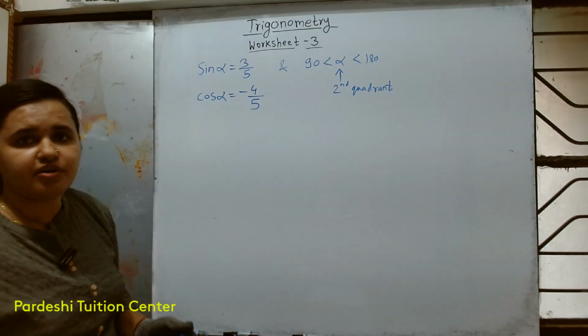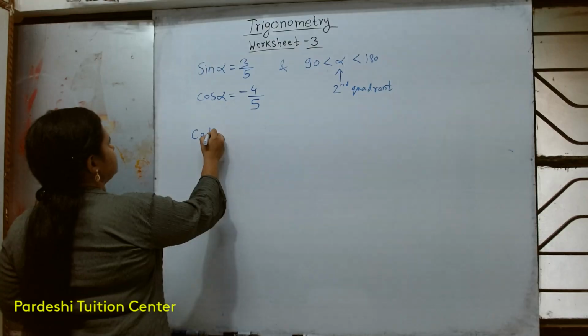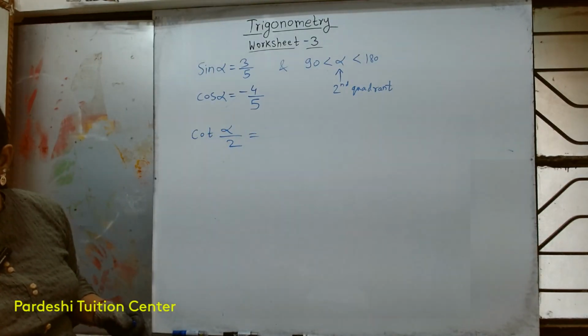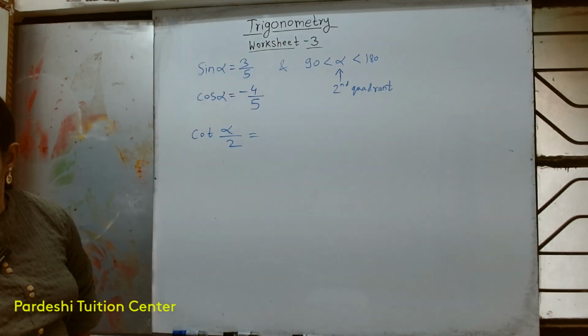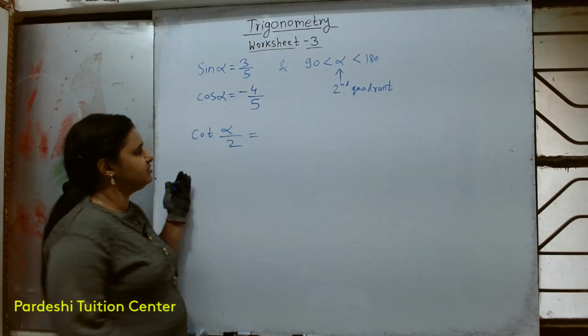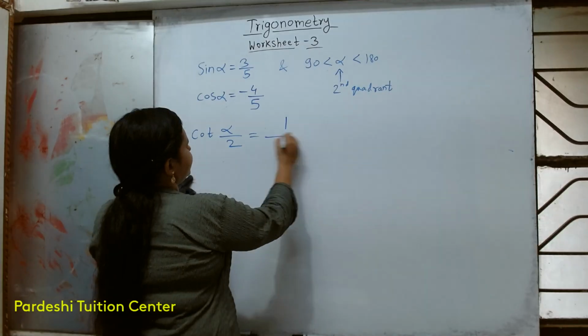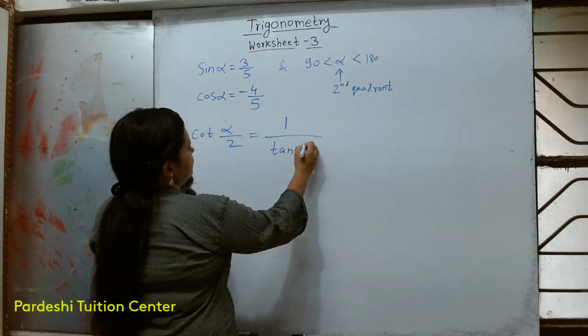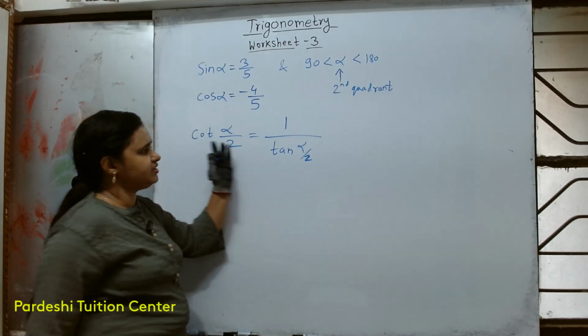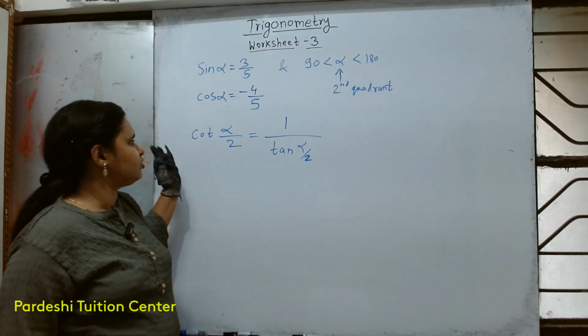Now cot alpha by 2. Cot is the inverse of tan. We can write cot alpha by 2 as 1 upon tan alpha by 2. Tan is the inverse of cot and cot is the inverse of tan.